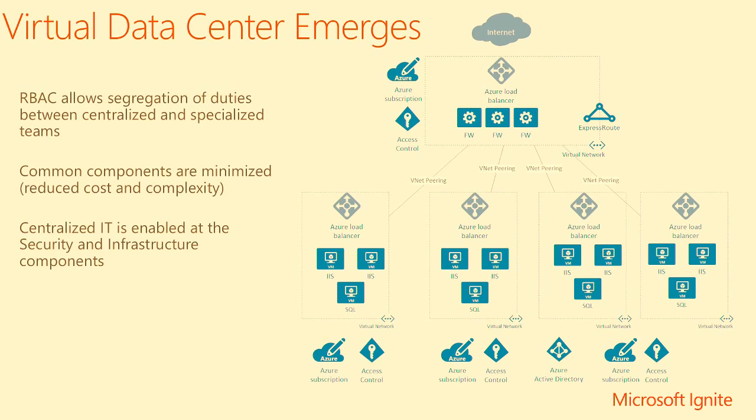And add to that, role-based access control is another function within Azure which makes this DevOps connecting to the central IT model possible, where role-based access control lets you define roles based on the tasks you perform and lets you execute those functions in Azure.